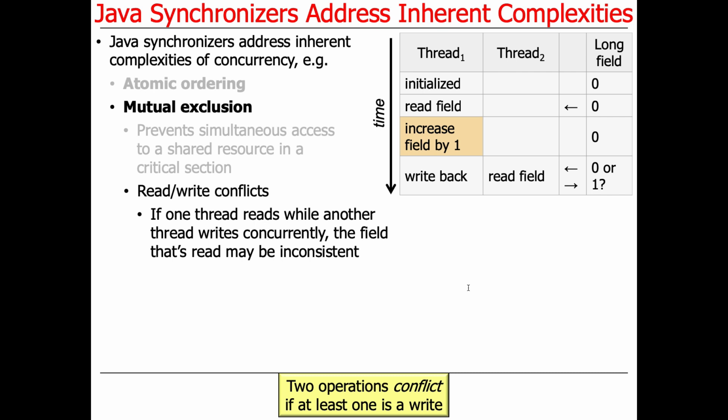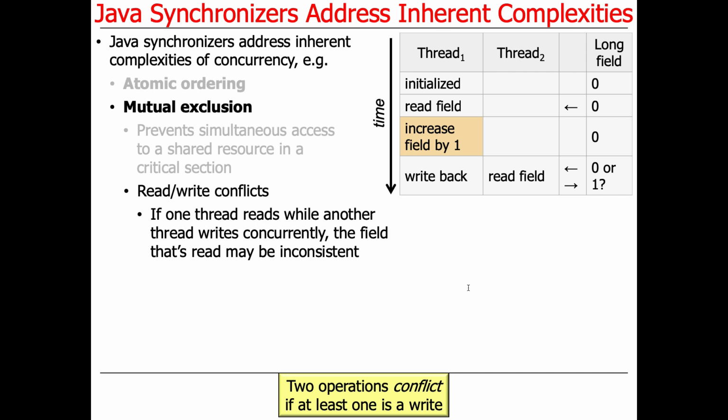So it starts out with 0, this thread increments it, and then at exactly the same moment, because we've got multiple core machines, it really could physically happen at exactly the same time. Thread 1 writes the value back to the field while thread 2 reads the field. What's the value that thread 2 gets? Is it 0? Is it 1? We don't know, right? Because there's a race condition, because there's no synchronization involved.